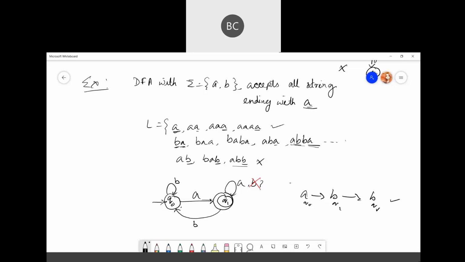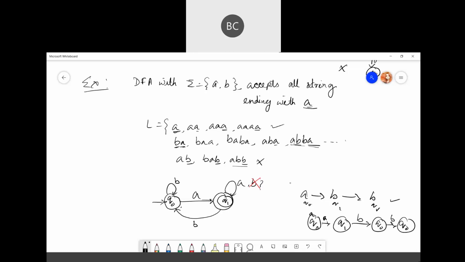Right? For ABB, what will be done? Q0, A, Q1, then it reads B. Then it will go to Q0 again. Okay? Then from Q0 reading B, it will go to Q0 again.